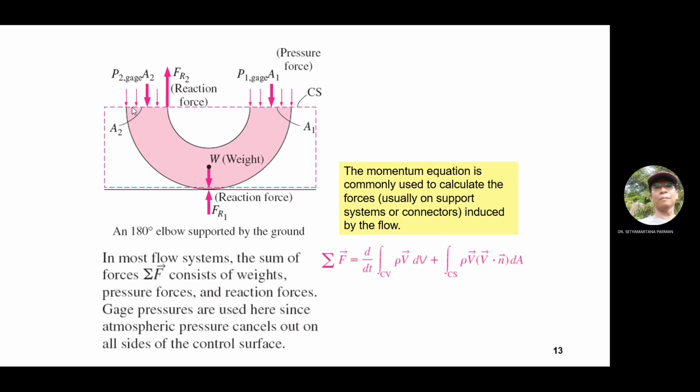Here we have the surface, noted with A2, and at this surface the gauge pressure is P2. On the other side, the right hand side surface is A1, and the gauge pressure is P1.